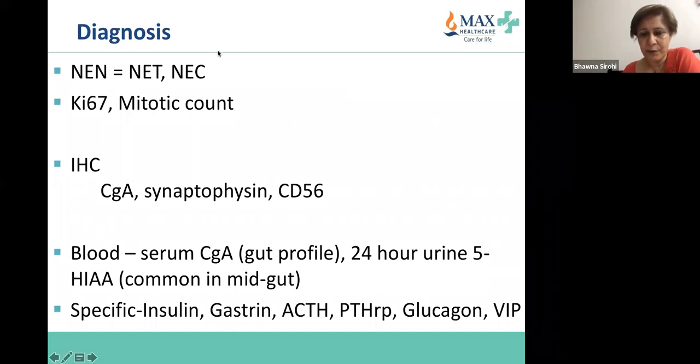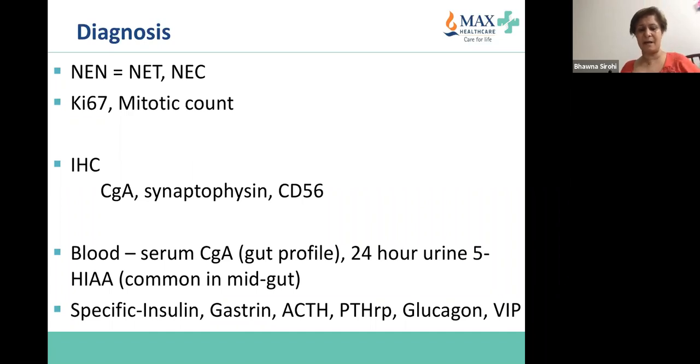24-hour urine 5-HIAA is also important, usually raised in mid-gut tumors. But I do it as a baseline in most patients with neuroendocrine, because, like you do CEA levels, CA 19.9 levels in other GI cancers, it helps you follow up the patient better, because doing frequent scans is not right, especially when you've operated on the patient and you want something to follow up the patient.